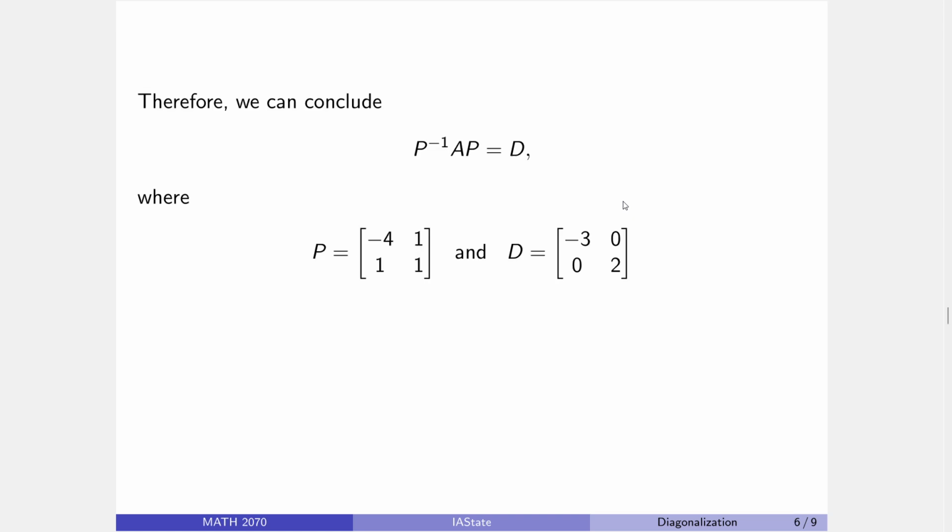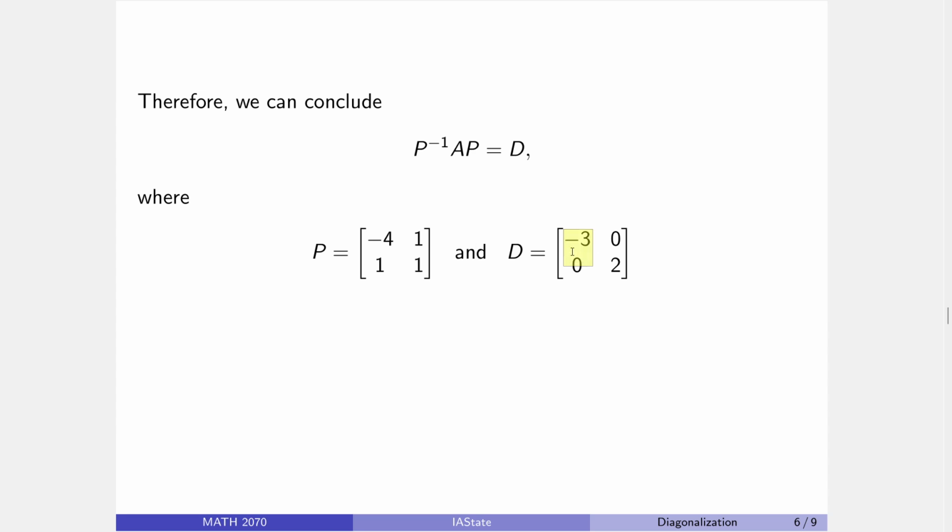So then the matrix A can be diagonalized, and that means I can multiply A on the right by P and on the left by P inverse and get the matrix D. The matrix D has to be the eigenvalues, so -3 and 2, and the columns of P have to be associated eigenvectors.